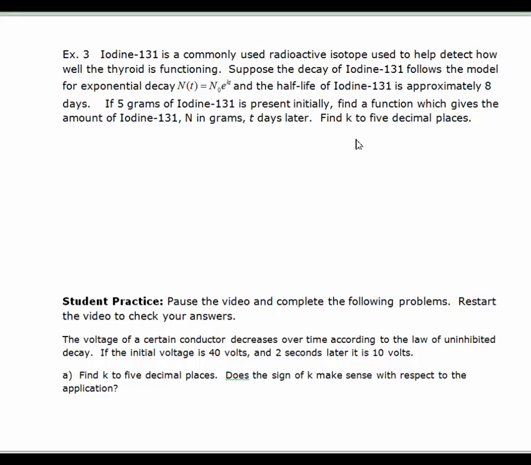So in order to answer questions about iodine-131, we first need to find the actual function. So we start by using the given information that the half-life is approximately 8 days.